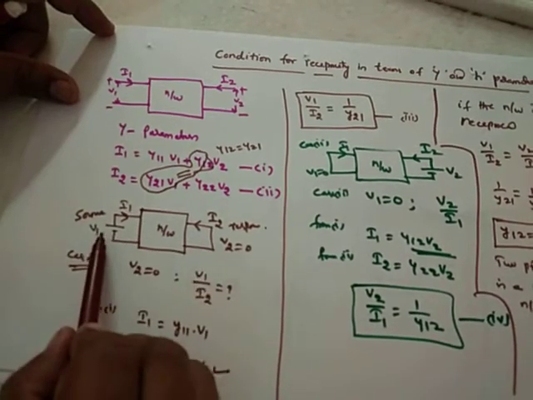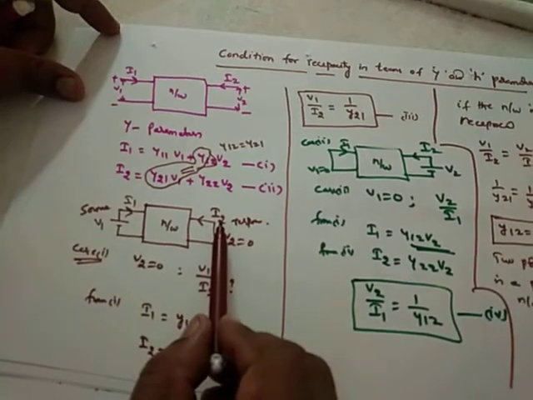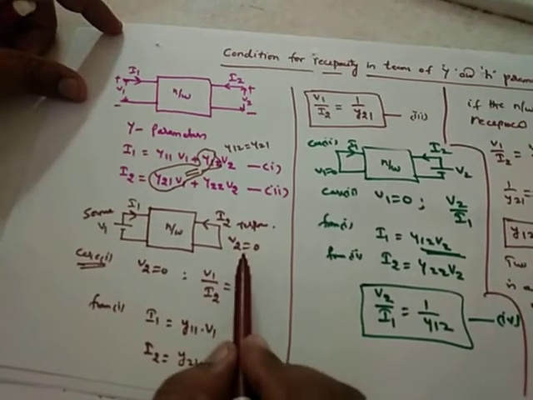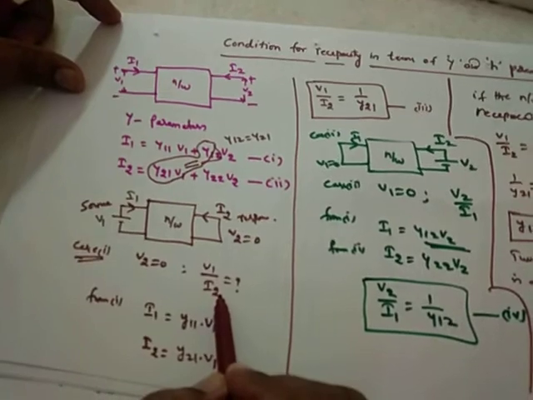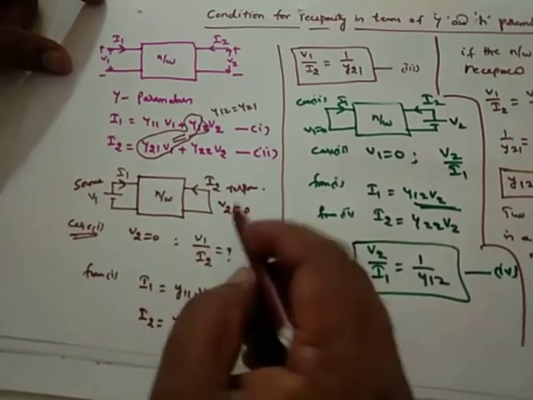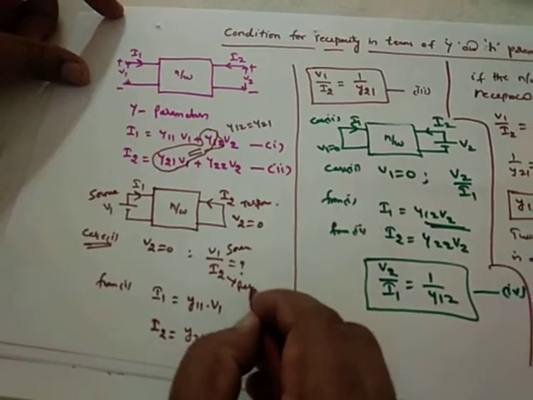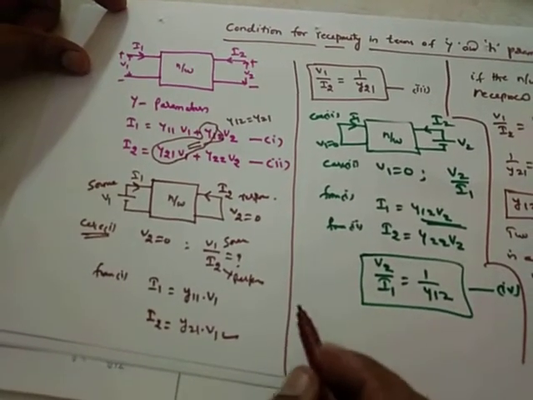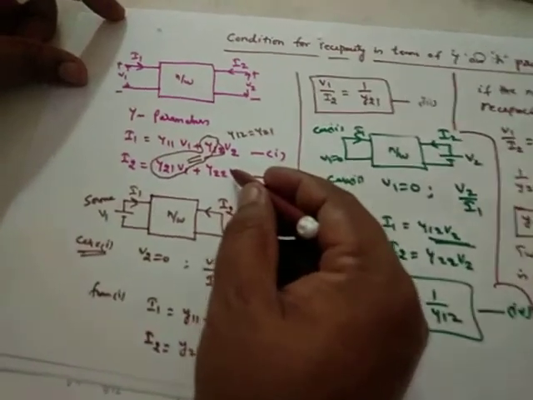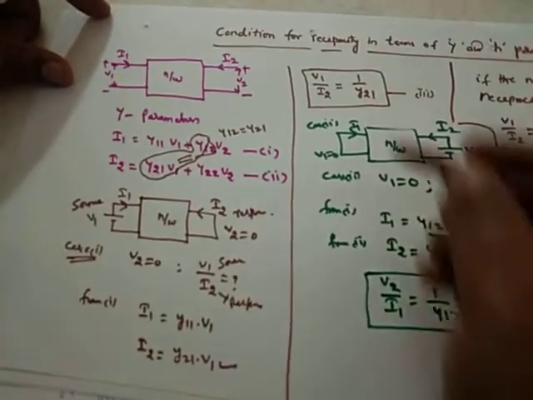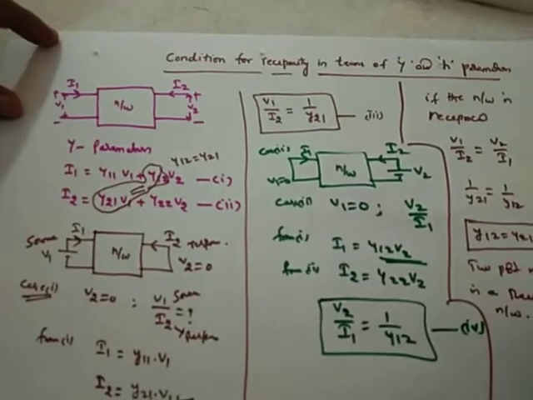Here we are applying the V1 source and observing the current response. Now the condition is V2 is equal to 0. Find V1 by I2. This is the source V1, this is the response. Substituting the condition V2 is equal to 0 in the basic equations, we find V1 by I2 is equal to 1 by y21.